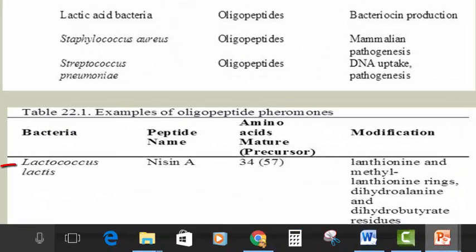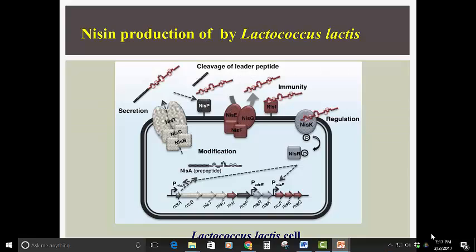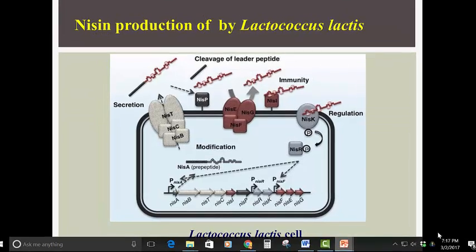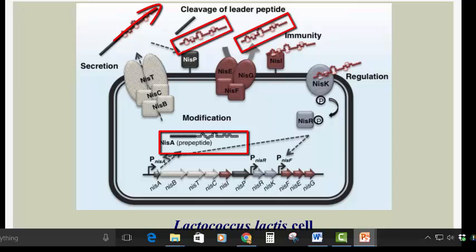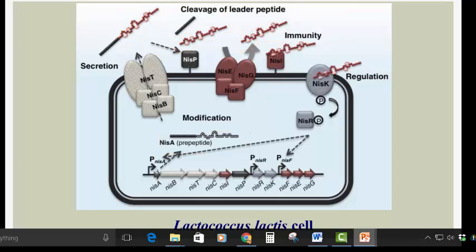The production of nisin by Lactococcus lactis is stimulated by the extracellular oligopeptide pheromone nisin-A. Nisin-A is a 34 amino acid peptide. The regulation of nisin biosynthesis is controlled by a two-component regulatory system composed of a histidine kinase, NisK, and a response regulator, NisR, where the nisin-A molecule itself serves as the peptide pheromone.